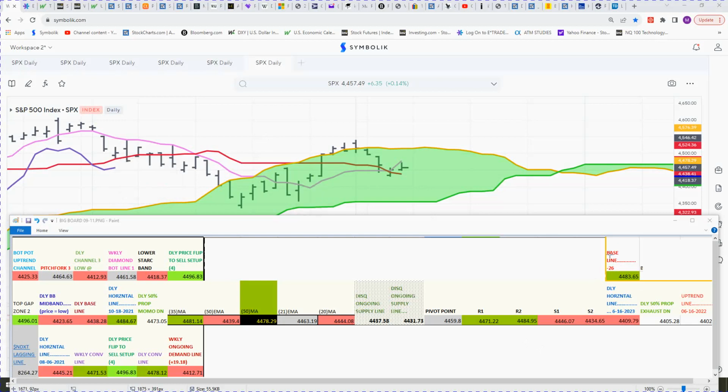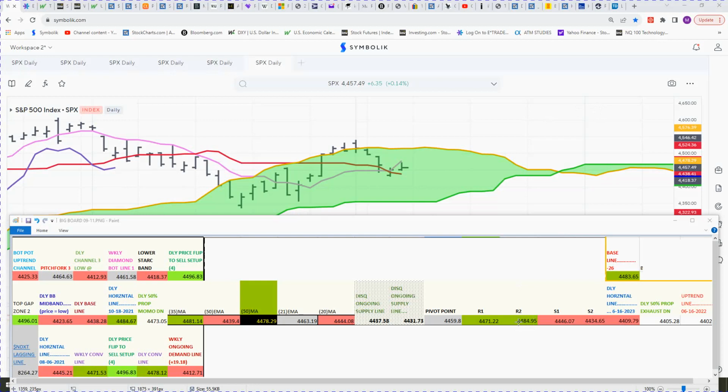You can see that level here. So it has to go through R2, R1, the 50 simple moving average, the 35 simple moving average, this daily horizontal line from 10/18/2021, the weekly conversion line, and the daily conversion line, which is also unusual to have both of those pretty close together in the same proximity.